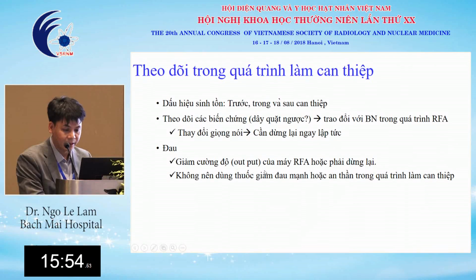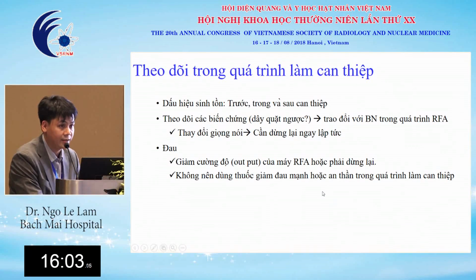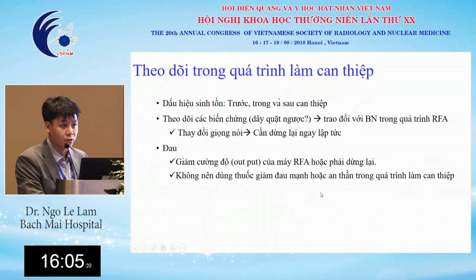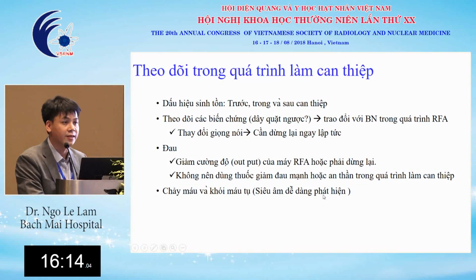In case a patient has too much pain, we have to reduce the IFA's frequency. Actually, we don't need to use too much anesthesia, because we can let the patient feel the pain and let us know to avoid the complication.